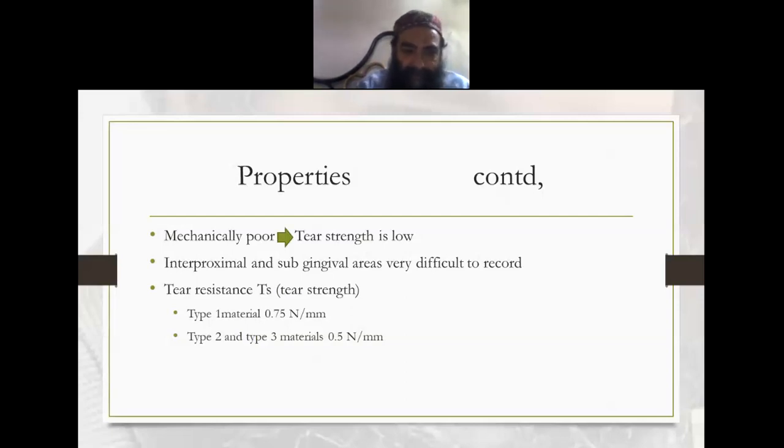Tear strength of different types of agar material: for type 1 it is 0.75 Newton per millimeter, and for type 2 and type 3 it is 0.5 Newton per millimeter.